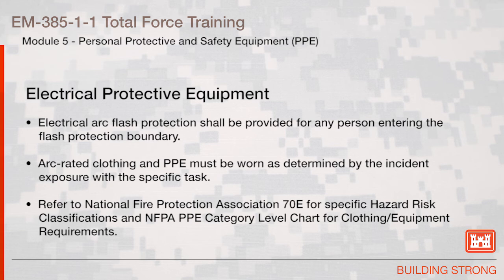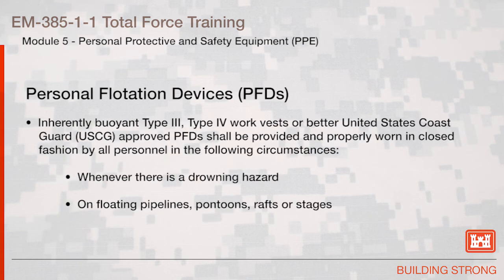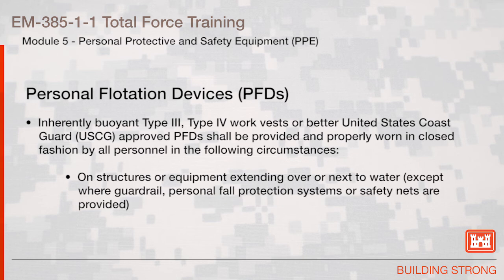Inherently buoyant Type 3, Type 4 work vests or better United States Coast Guard approved personal flotation devices shall be provided and properly worn in closed fashion by all personnel in the following circumstances: whenever there is a drowning hazard, on floating pipelines, pontoons, rafts, or stages, on structures or equipment extending or next to water, except where guardrail, personal fall protection systems, or safety nets are provided.